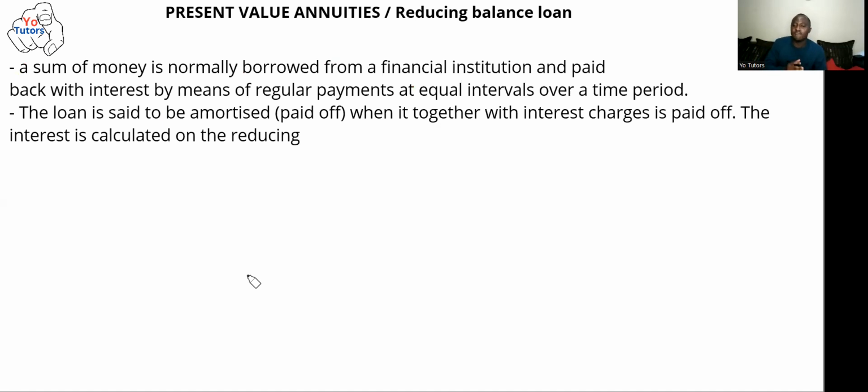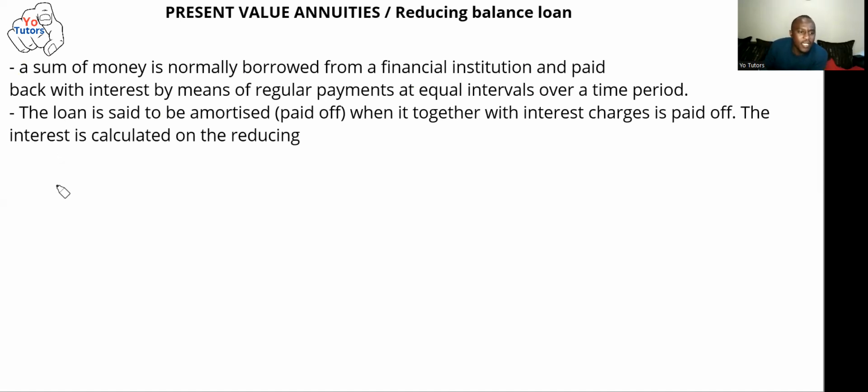You know the value that you have borrowed, so in this case we use the present value annuity formula. When the loan is paid off, the amount that you borrowed and the interest, we call that the loan has been amortized. Amortized means it has been paid off.